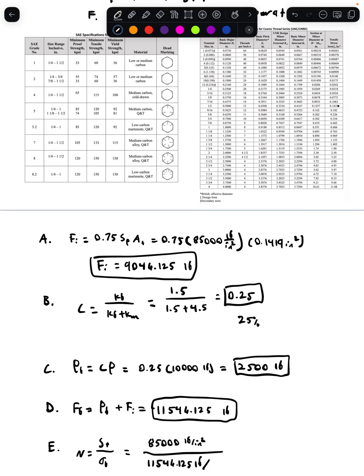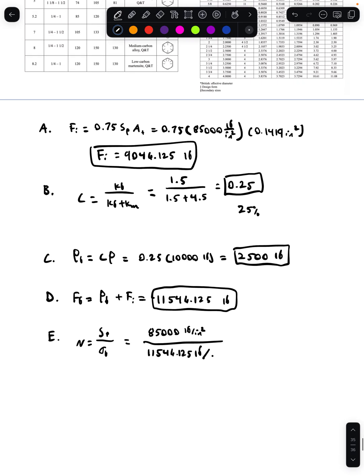So it's going to be 0.1419. So we have factor of safety 1.04. So that's pretty low. As soon as that hits 1, then that means our stress is at the proof strength. The proof strength is essentially the yield strength for bolts.